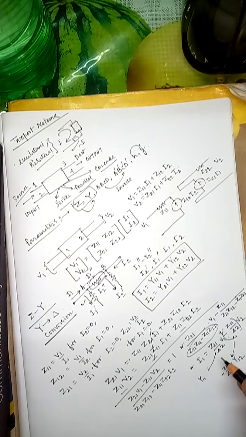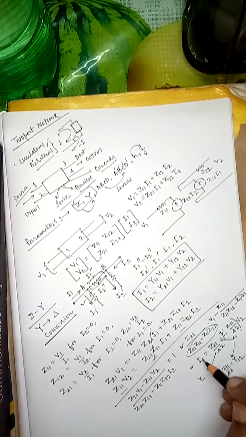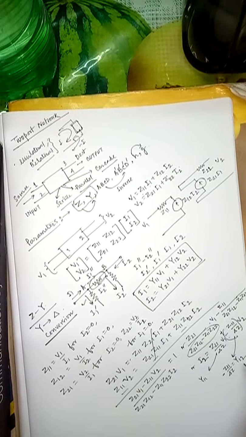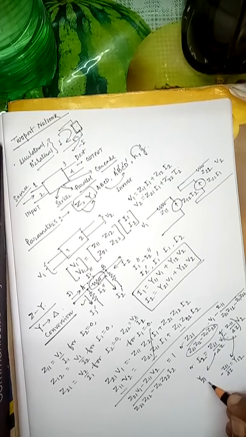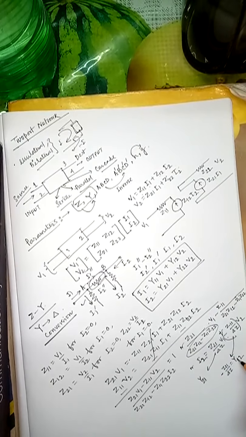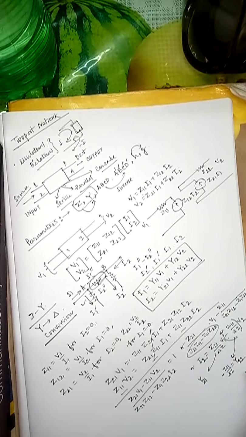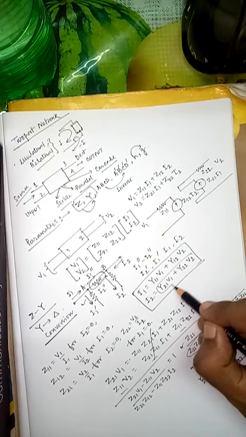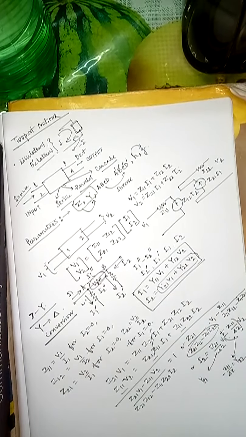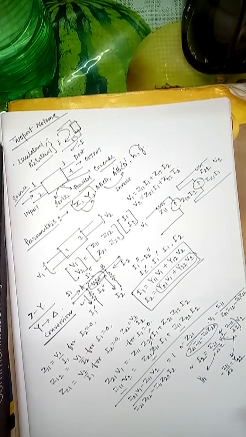I'm sorry, it's not I1, it's I2, so it should be Y21 and that is Y22. Okay, that is Y22, it is the bottom one. So that is in short of that two-port Z and Y network. Now let us have some numerical problems on this.